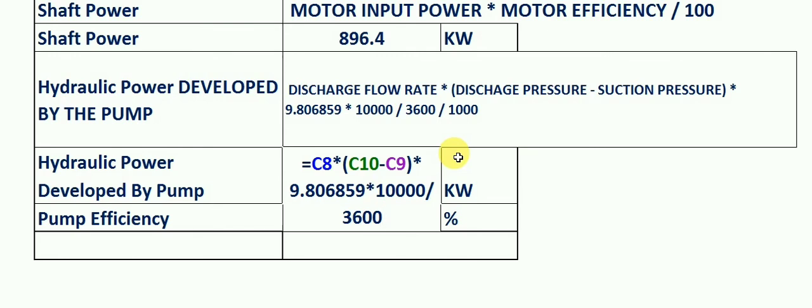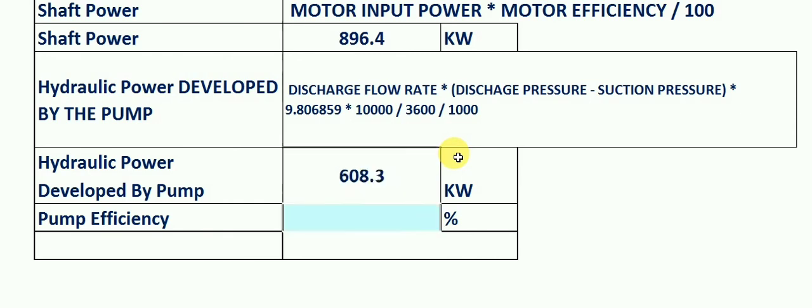Now the unit conversion is Newton meter per second, that is called watt. We need this in kilowatt, so divided by 1000 we will get it in kilowatt.